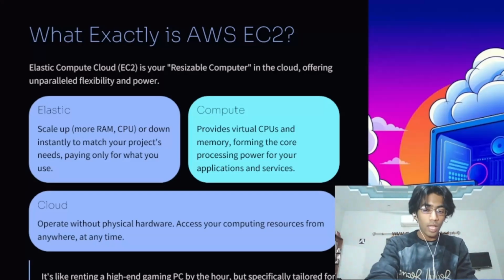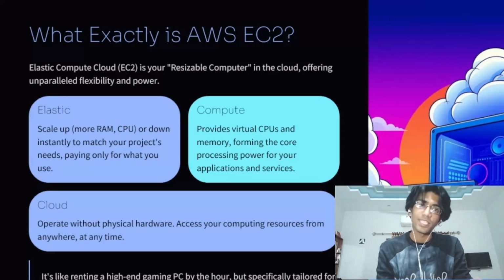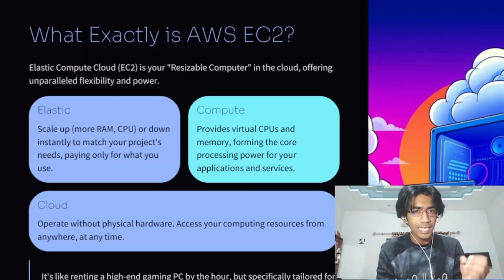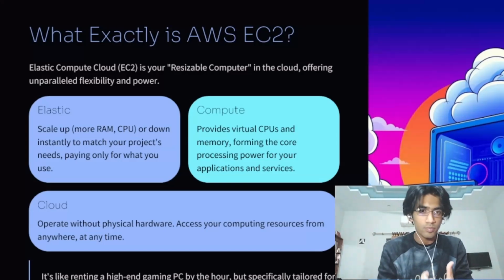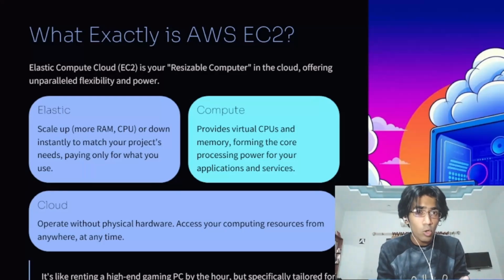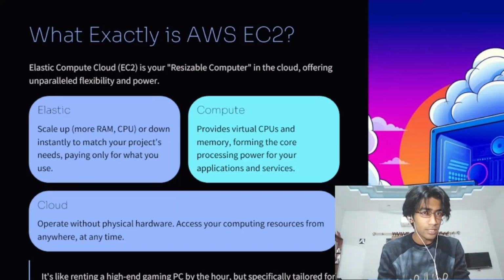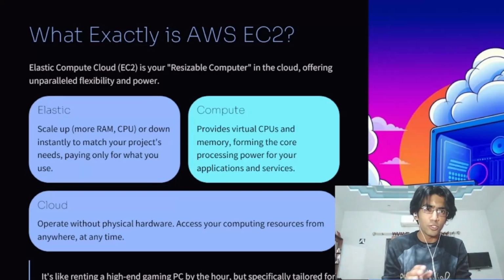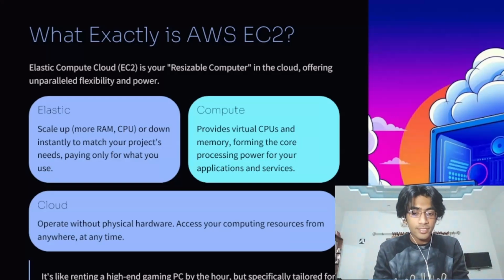Now, what is cloud? Operate without physical hardware. As I mentioned, AWS is a cloud infrastructure, meaning you don't have to physically get a hard drive or a CD or anything. It is all cloud-based servers, like it is all in another part of the world, and you just have to get their connection and access your computing resources from anywhere at any time.